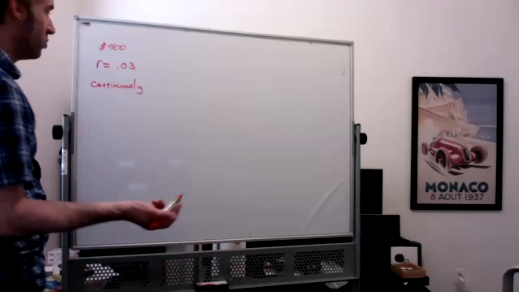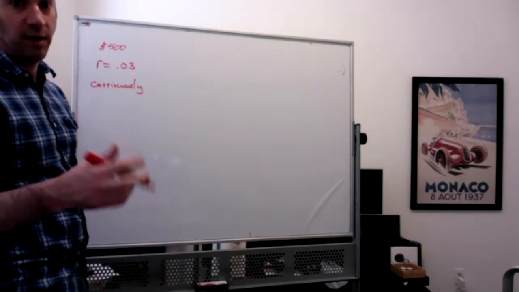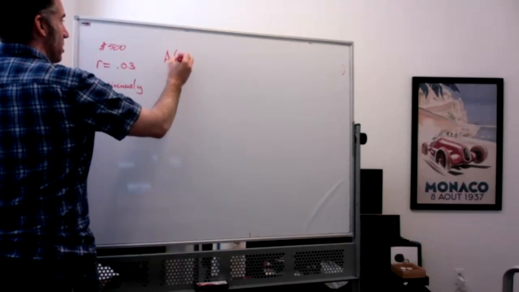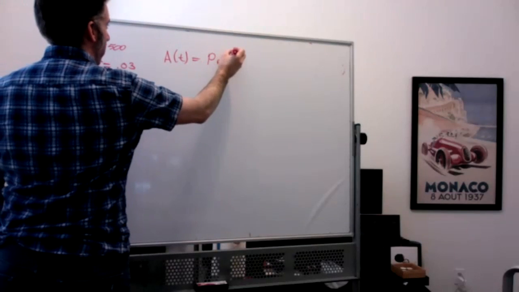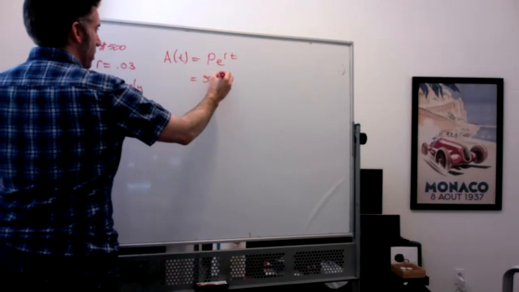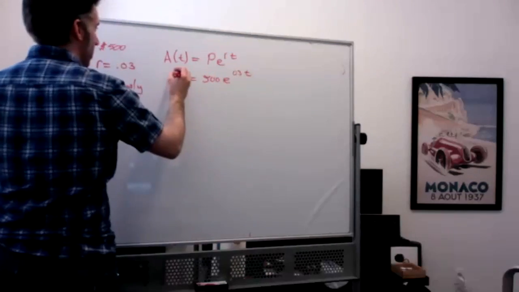So normally, if we know a principal and an interest rate and it's compounded continuously, we know that the formula for the amount of money you have after t years is P e to the rt, which is 500 times e to the 0.03 times t.